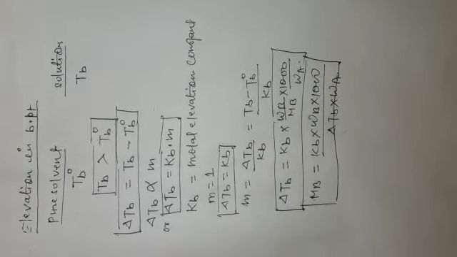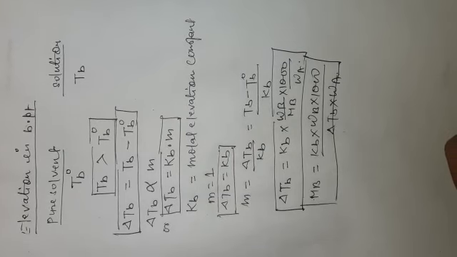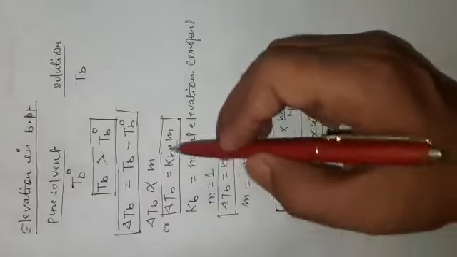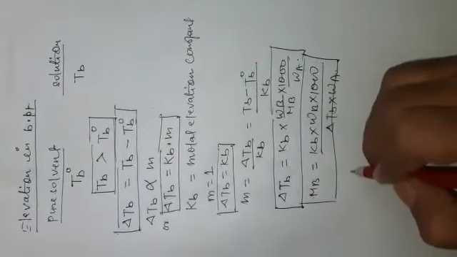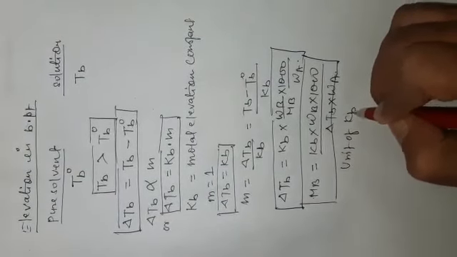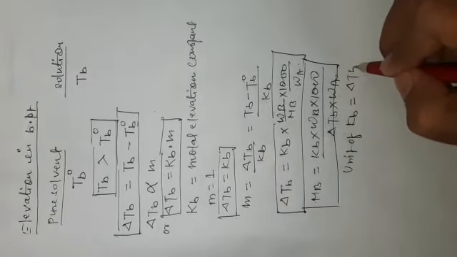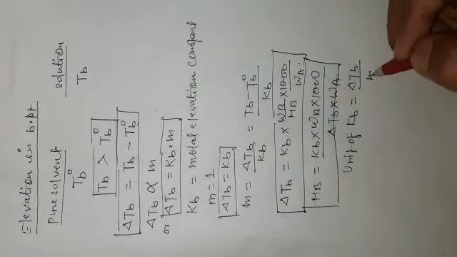Unit of KB is equals to Kelvin kilogram per mole, because KB is equals to delta TB by molality.